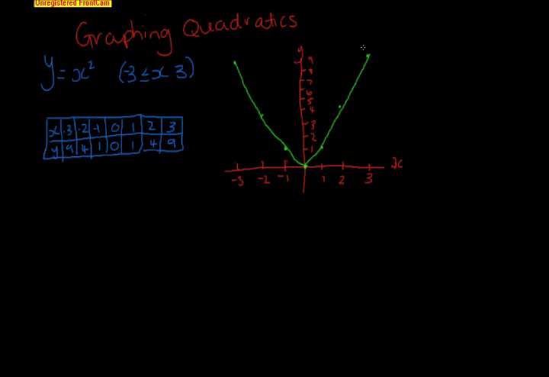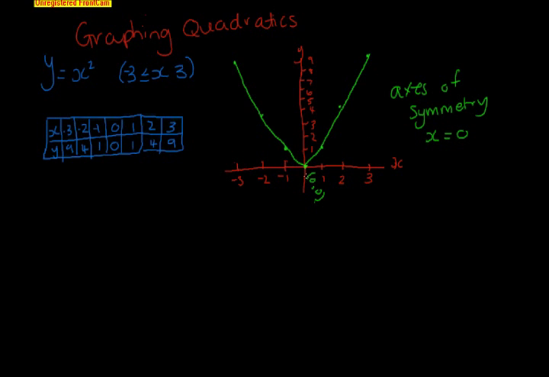Once we've drawn our curve, this is a positive parabola, we can label our turning point, 0, 0, and my axis of symmetry is x is equal to 0.